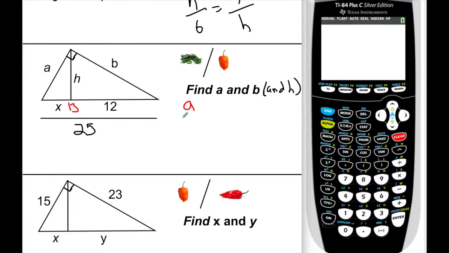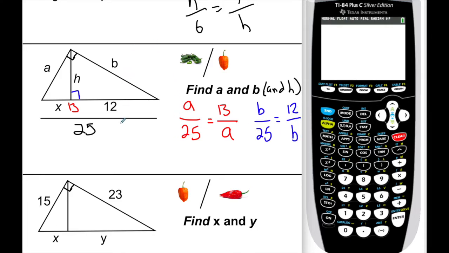So you know that this piece A is to the whole hypotenuse as x, the adjacent side, is to A. And actually, we can say even better because we now know that 13 is x. Similarly, we can set up the proportion B is to 25, hypotenuse is to hypotenuse, as leg is to leg, and solve that.